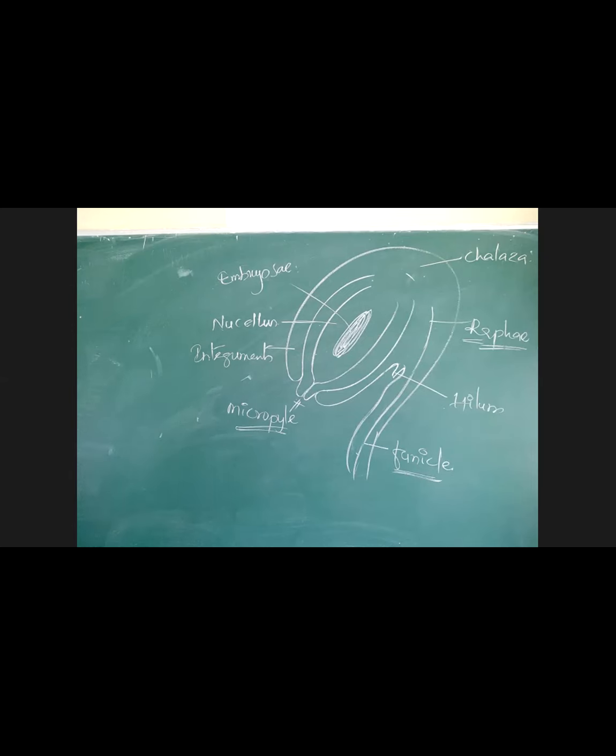Note down the first point. An ovule is a megasporangium. The megasporangium develops from the placenta in the ovary.